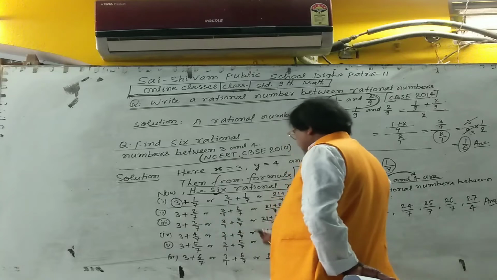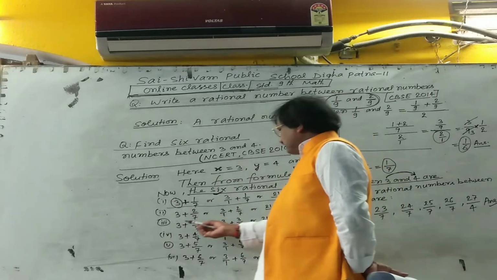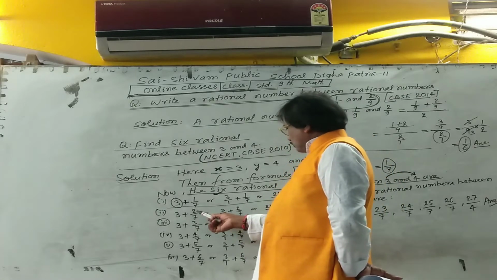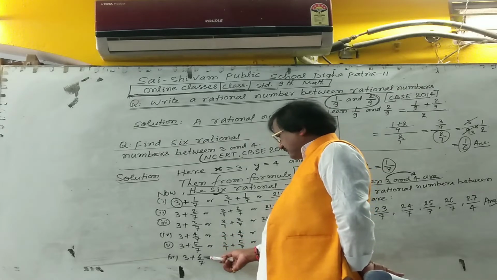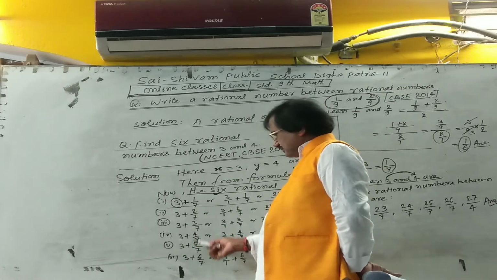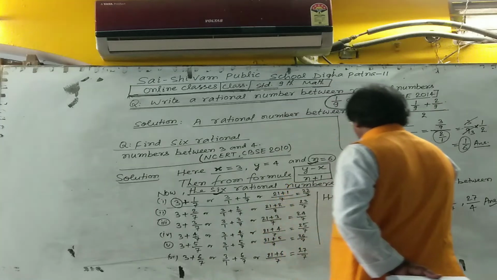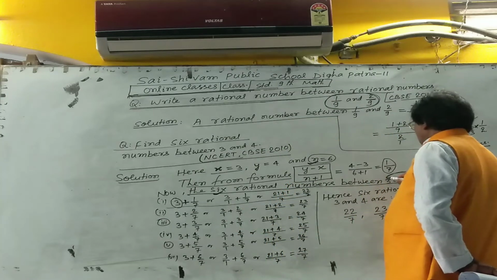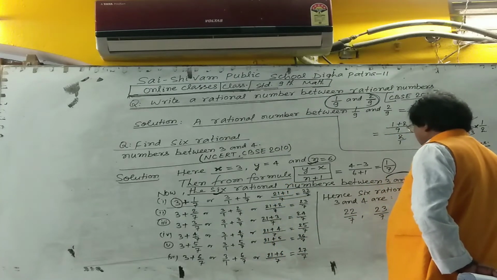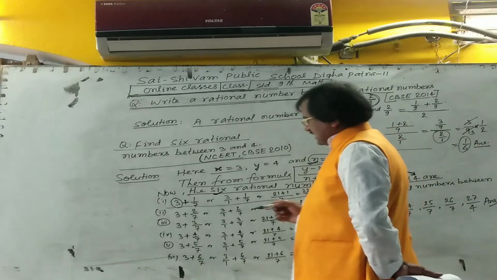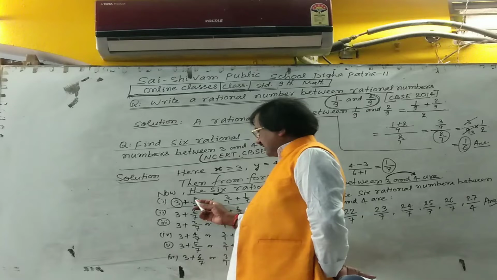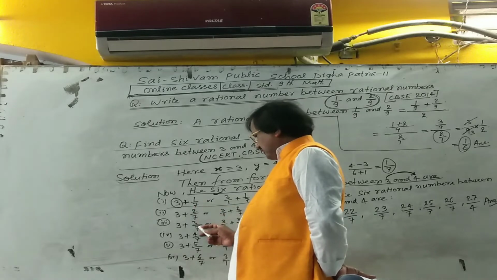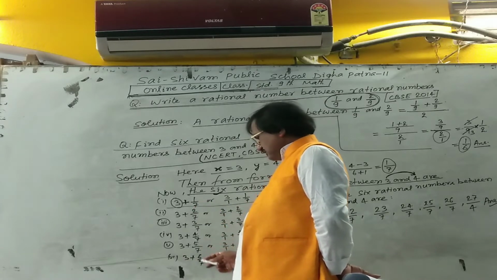In the same manner, we get these values: 2/7, 3/7, 4/7, 5/7, 6/7. The initial number is the same because we are finding the rational numbers between 3 and 4. So we start with 3 and change the rational number 1, 2, 3, 4, 5, 6.